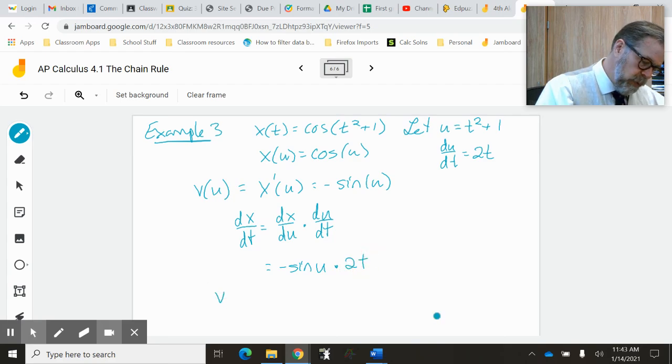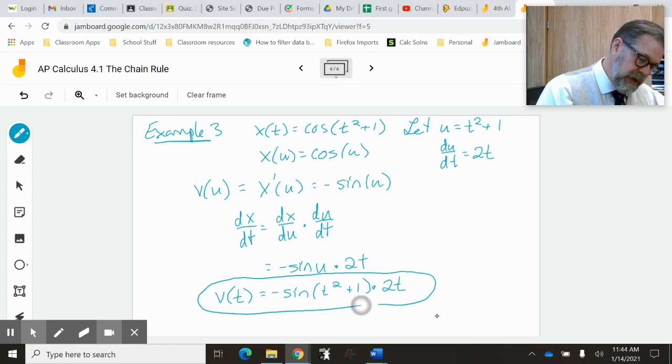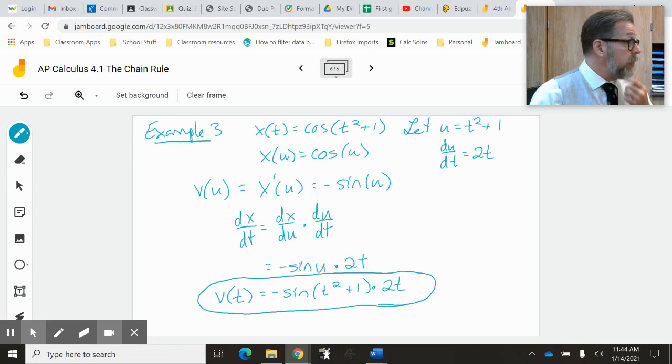And then, of course, rewriting it as a function of t instead of u and t, we get negative sine of t squared plus 1 times 2t. So velocity as a function of time can be written as that.